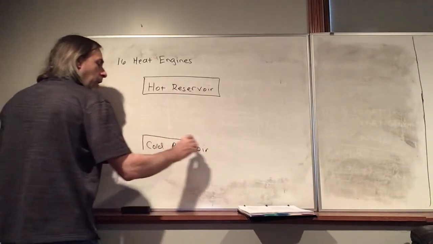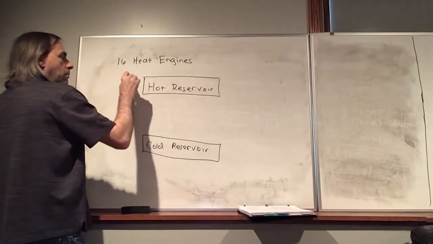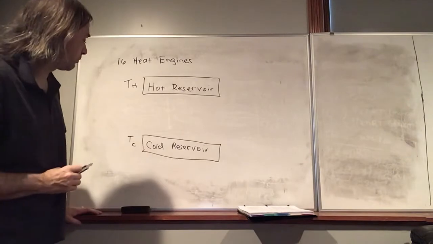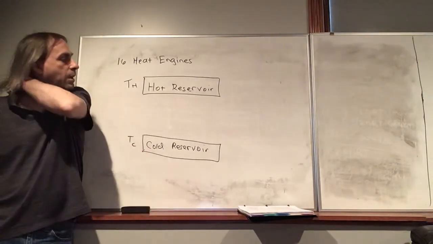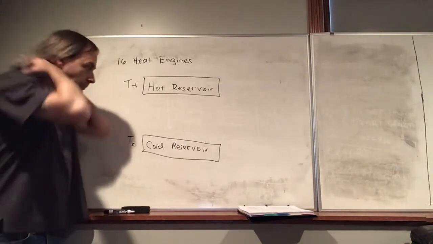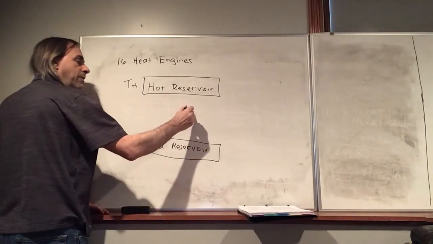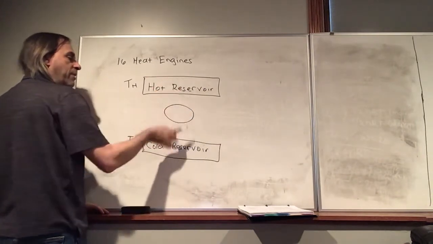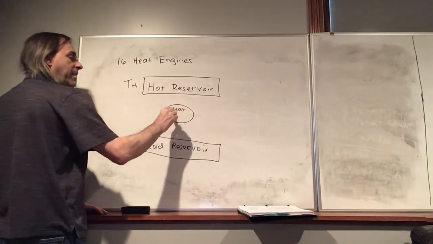And these have temperatures T hot and T cold. And again, we want to measure these in Kelvin. Now, let's say we have an engine that's going to operate between these two. So we have a heat engine.